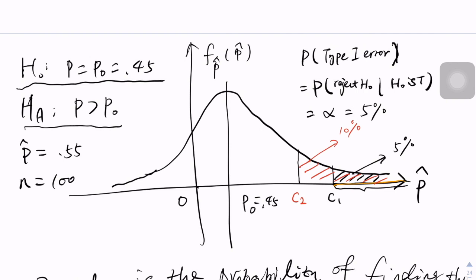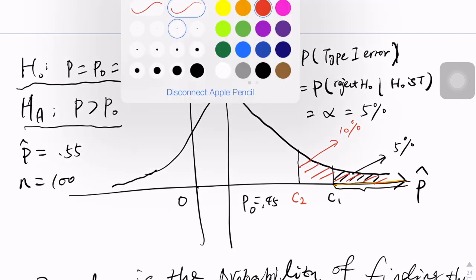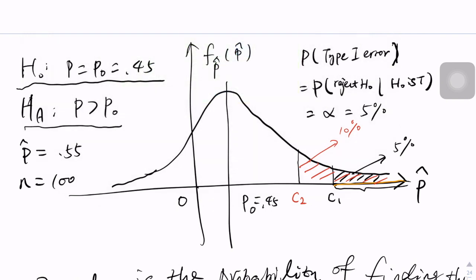Or what if your boss wants your alpha to be equal to, say, 1%? Then you're going to have its corresponding C3 here. So every time you change the probability of making type 1 error, your corresponding critical value will change, which means your decisions will be changed.